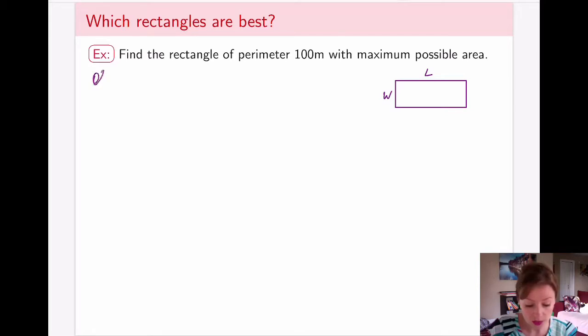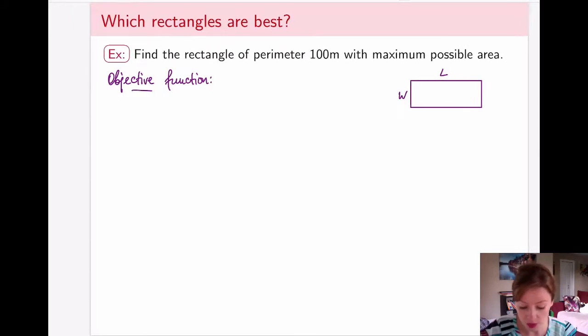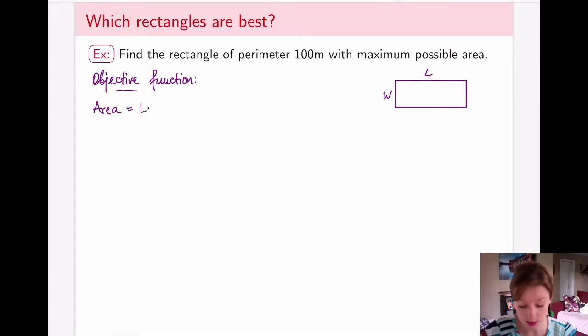And so then let's write out what is it that we're actually trying to optimize. That's when you look for words like maximum or minimum, or what is it that is important to you in this problem to make as small or as big as possible. So the objective function here will be the area function. The area of a rectangle is length times width.